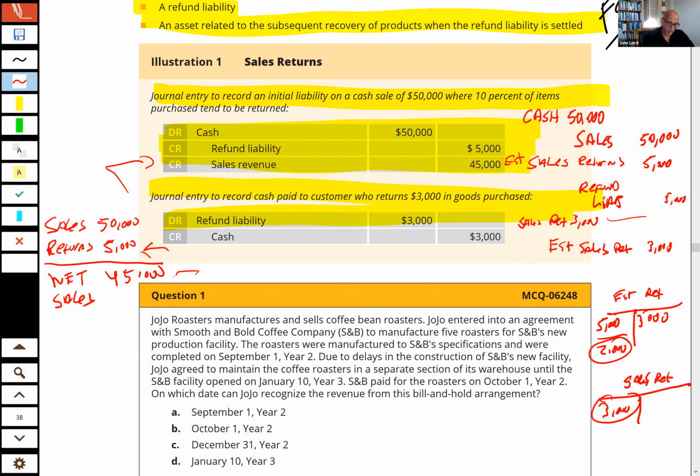Okay. All I'm indicating to you here is we have a problem with this abbreviated. I think they did it this way because they're simply trying to get you to focus on the liability. And all I'm pointing out to you is if you sat there and did it this way, well, then you lose what was the actual returns on your sales.